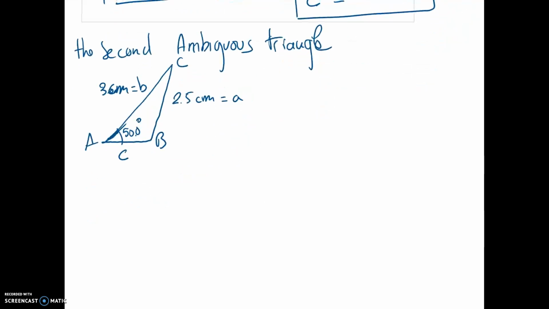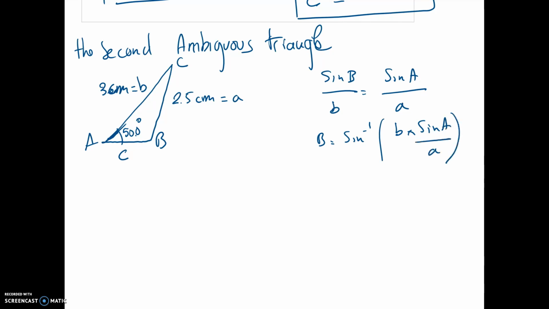If I'm using my law of sines, sine of my angle B over b equals sine of my angle A over a, so I end up calculating B. I end up with B equal sine inverse of b multiplied by sine of the angle A divided by a. When I substitute all the values, I end up with B equal 66.8 degrees.